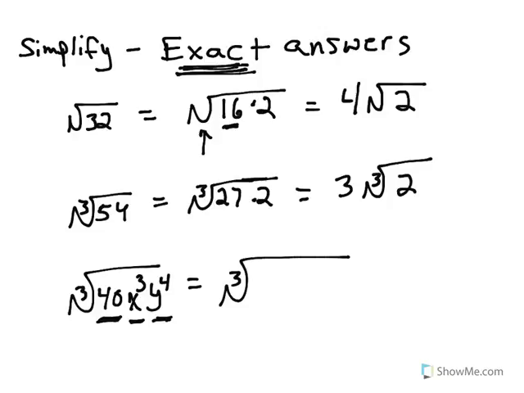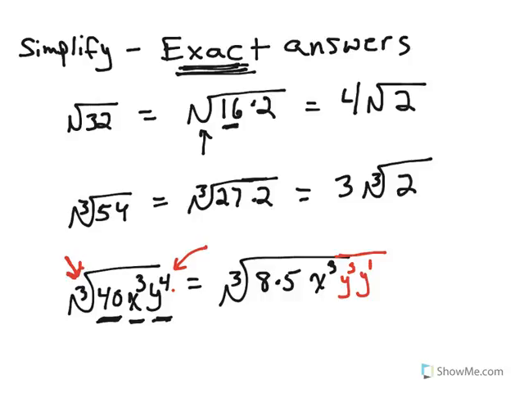To factor 40 so that one of those factors is a perfect cube would give us 8 times 5, because 8 is a perfect cube and 8 times 5 is 40. x to the third power is already a perfect cube. But y to the fourth power, we want to go down one less number so that it is divisible by the index, kind of a shortcut. So that would give us y to the third power times y to the first power.